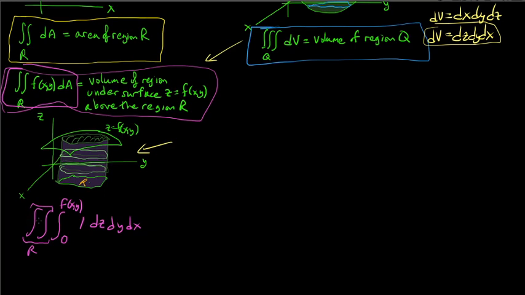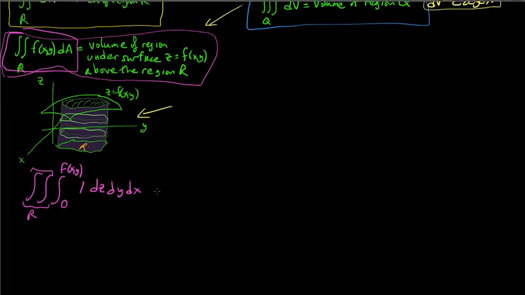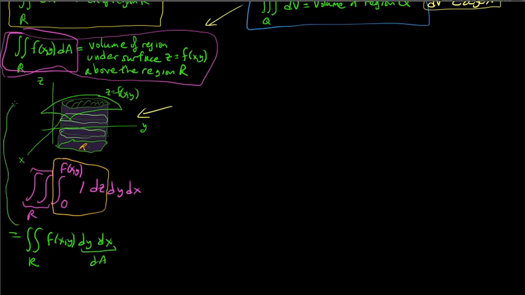But it's the same thing, because when you evaluate the dz integral here, all you get is the double integral over R of f of x, y, minus 0, dy dx, which is dA for us, right? So you just recover the original double integral to get the volume.